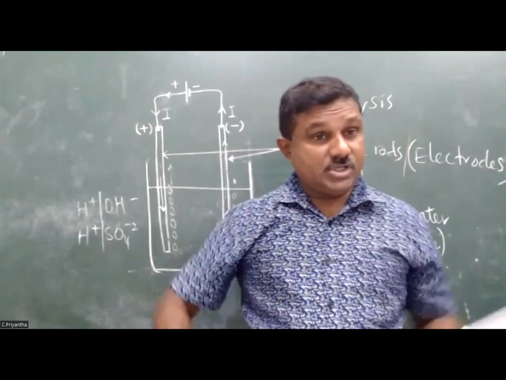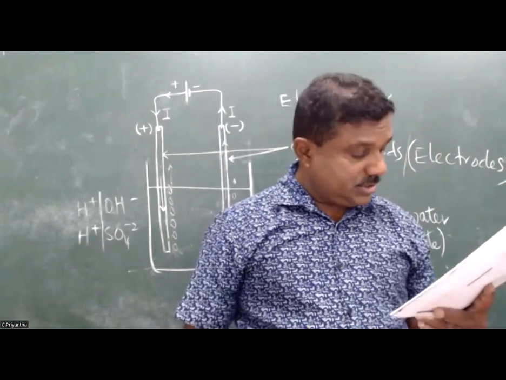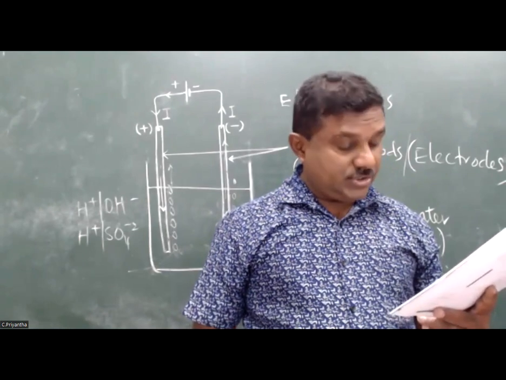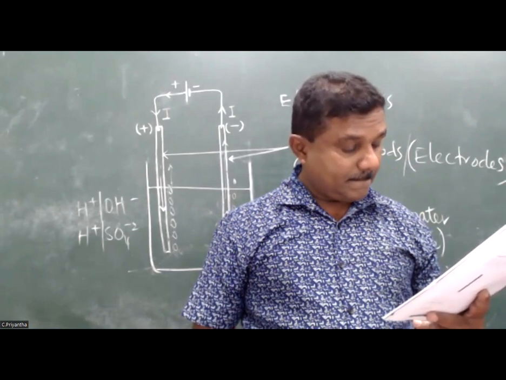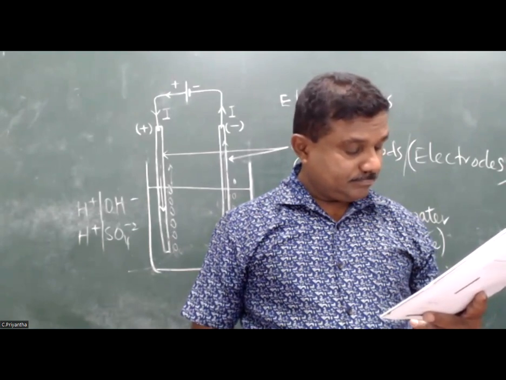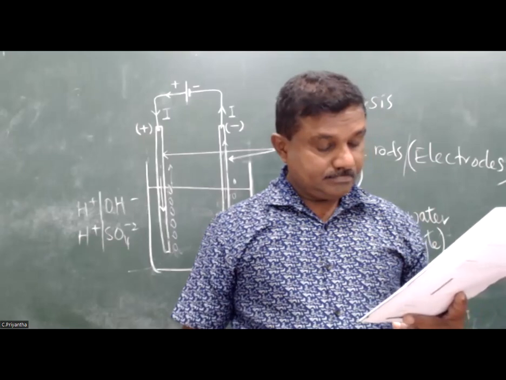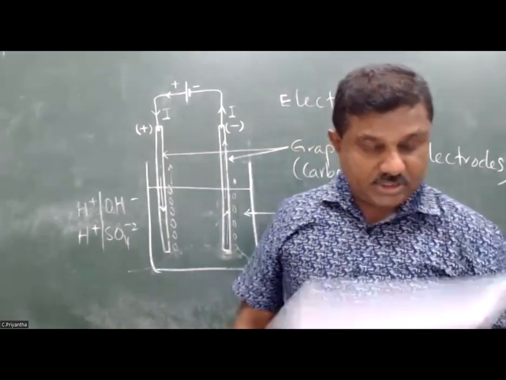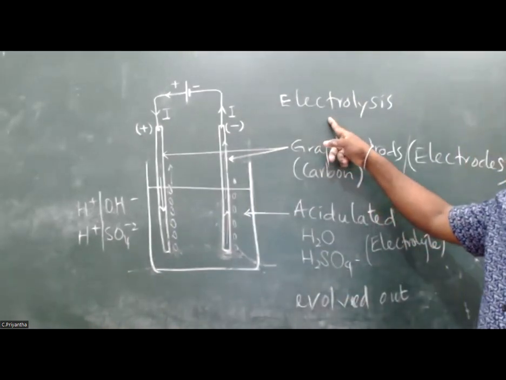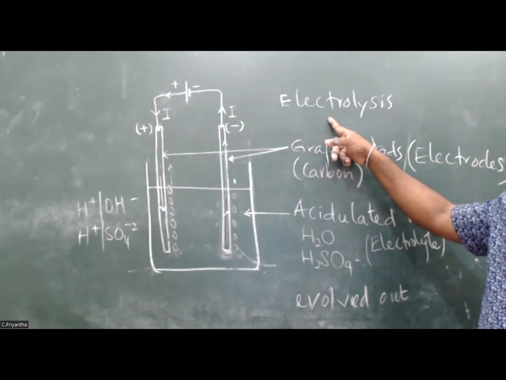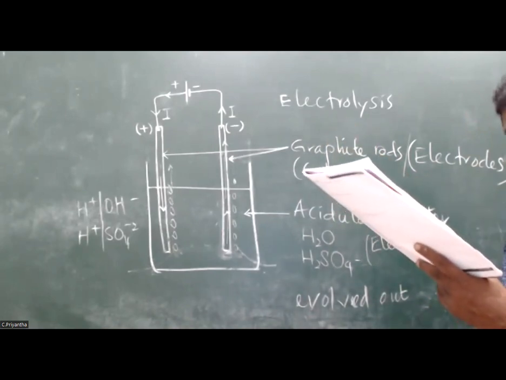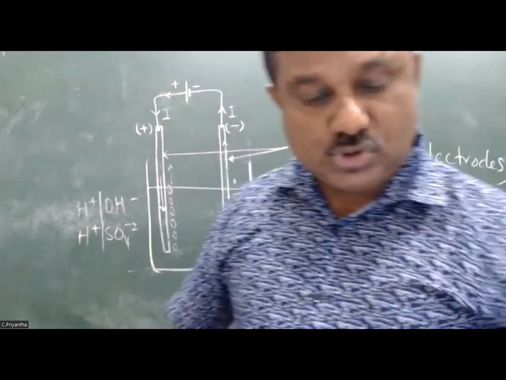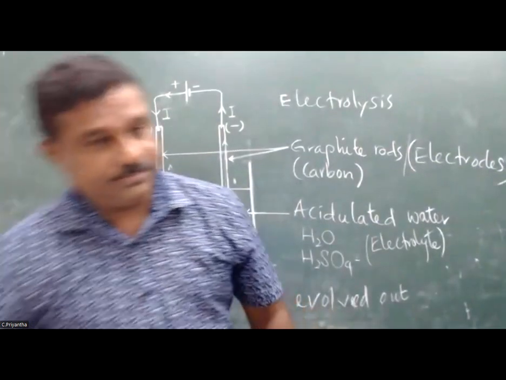Go to the sentences given at the end of the page. It makes a chemical change associated with carbon rods. This phenomenon is known as electrolysis. One use of this practice is electroplating.